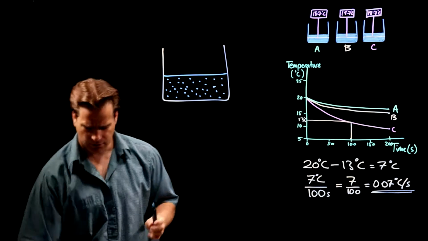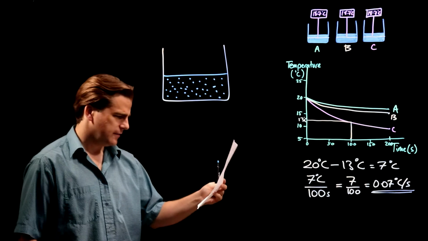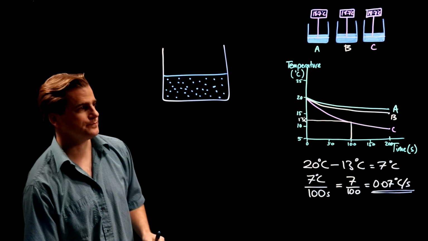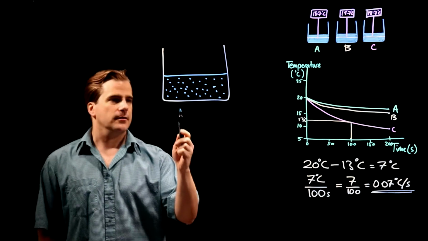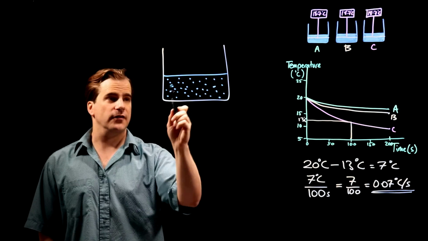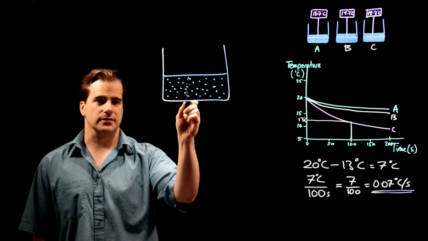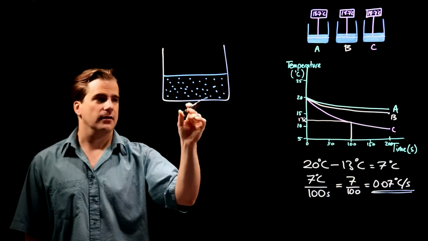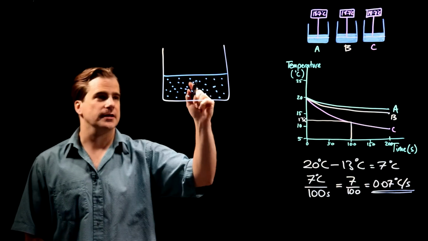So, what's the question again? Explain how evaporation of liquid causes the temperature to decrease. Okay. A liquid evaporates because only a few of these particles have enough energy to evaporate. It's the few that have the high energy.